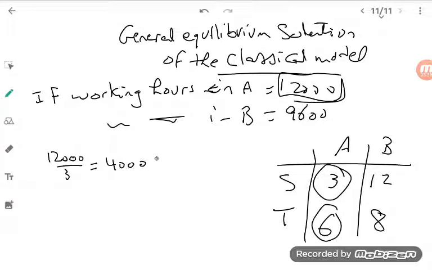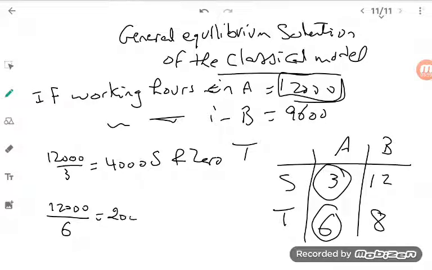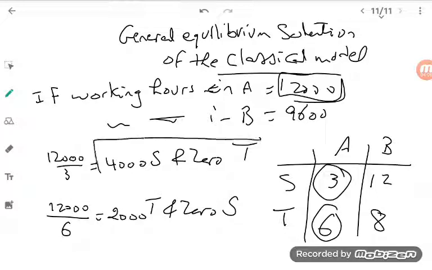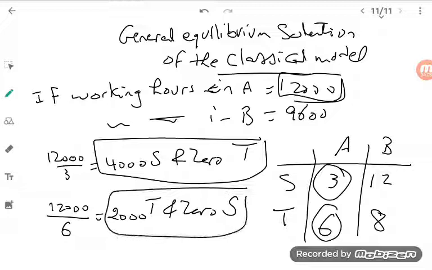You have 4,000 soybeans and 0 textile. This is the first combination. For the second point, you are going to devote all your time to the production of textile and 0 soybeans. 12,000 divided by 6, which is 2,000 textile and 0 soybeans. Now we are going to use these 2 combinations in order to draw the PPF.